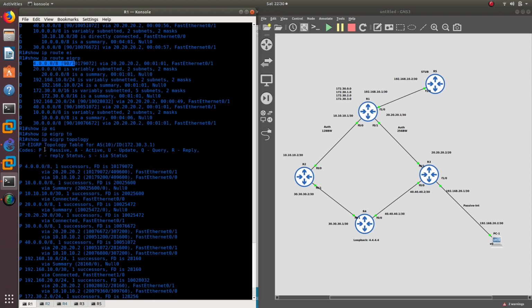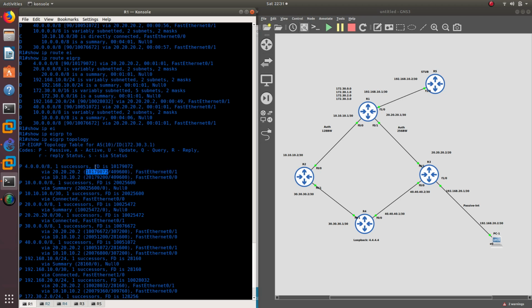Only the best route is going to show in the IP route. Since this one is the best route, the fastest route, and the one with the lowest feasible distance, the feasible distance is 1017990 72. You can see here a lot lower, but this is the same distance, it's just a little bit faster to get there.